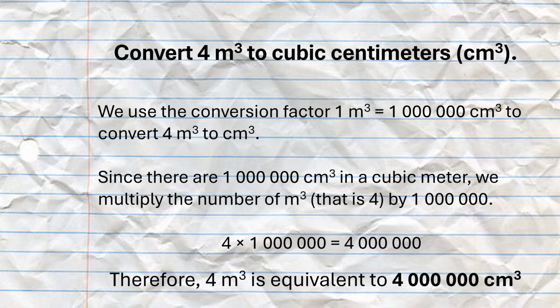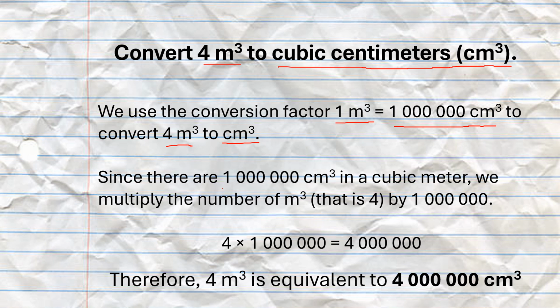Next one. Convert 4 cubic meters to cubic centimeters. So this is a conversion problem. We use the conversion factor that for every 1 cubic meter, there is 1 million cubic centimeters. So to convert 4 cubic meters to cubic centimeters, we follow that idea.